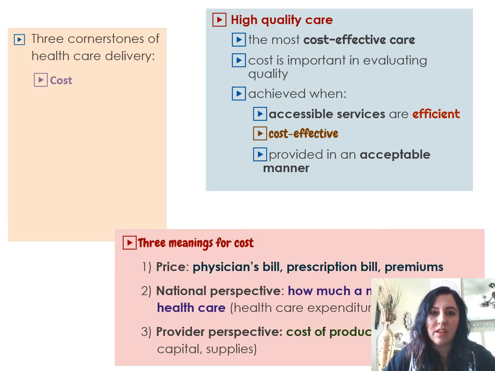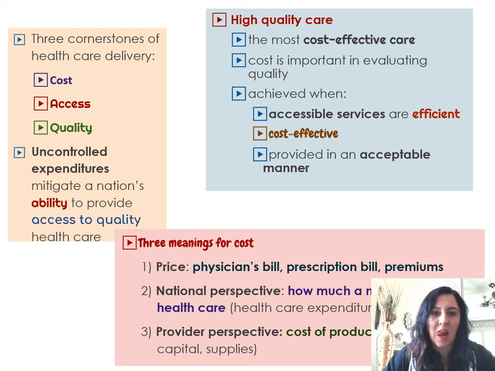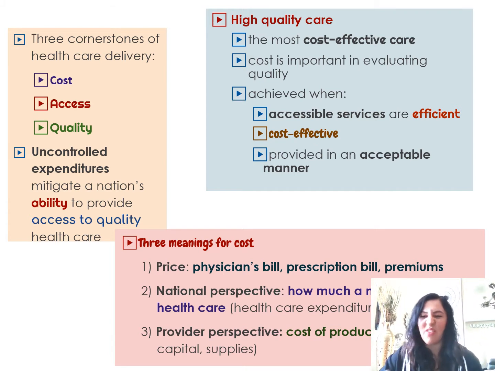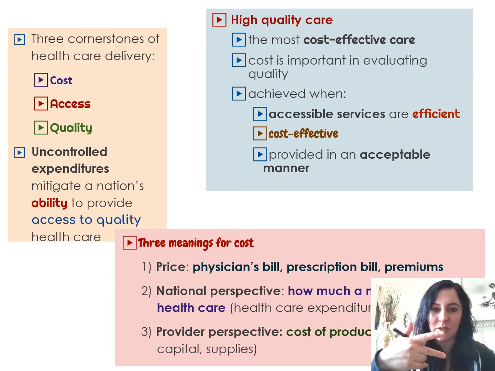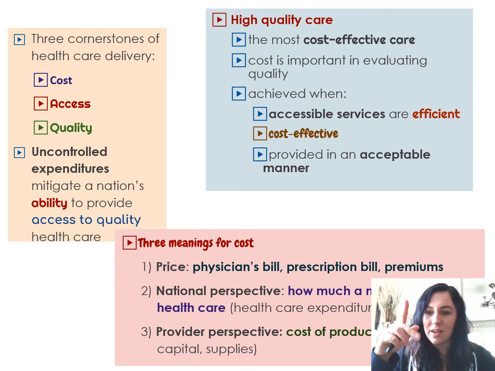There are three cornerstones of healthcare delivery, and I know we mentioned this at the very beginning of the course, right? So cost, access, and quality are these cornerstones, and they're interrelated.